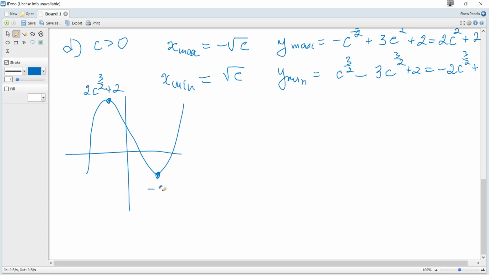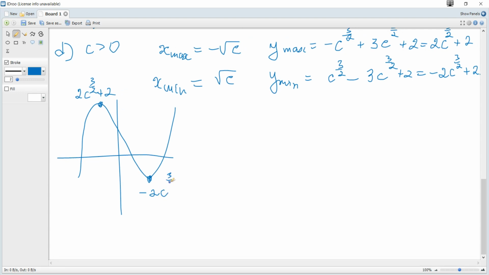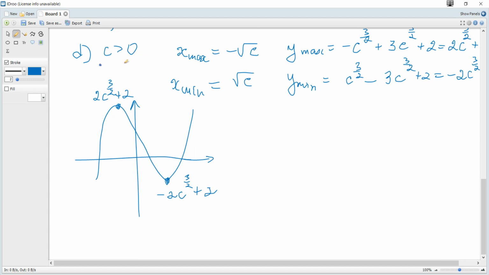The minimum has y coordinate negative 2c to the power 3/2 plus 2, when c is greater than 0. Hence, for c greater than 0, find the set of values of c such that the graph of y is f of x has... this graph should be considered, the situation when c is greater than 0.